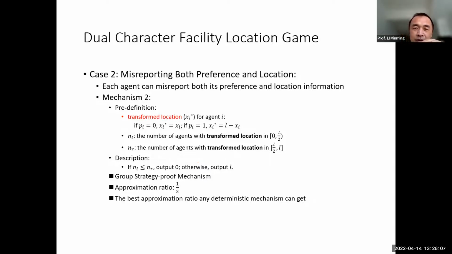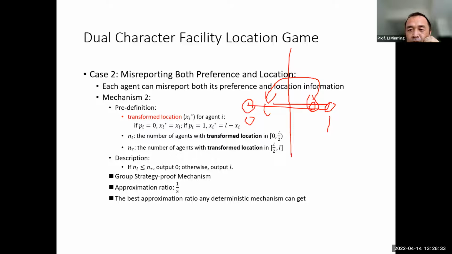Let me draw an interval here. Suppose somebody is here. Our target is to choose either the leftmost point or the rightmost point, in other words either 0 or 1. If somebody is here, he likes 1. Suppose he likes the facility. Then we will map this agent to its mirror image here.